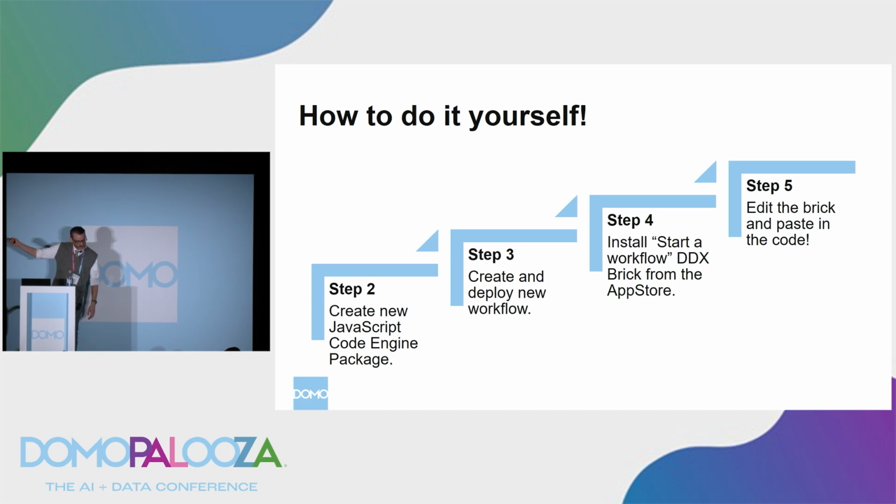Step 3, create and deploy a new workflow. Where's my step 1? Oh, step 1 was the previous slide. That's right. So create and deploy a new workflow. Step 4, start the workflow with the DDX brick. And step 5, edit and paste the code in. From there, you can expand, you can scale on it as much as you want.